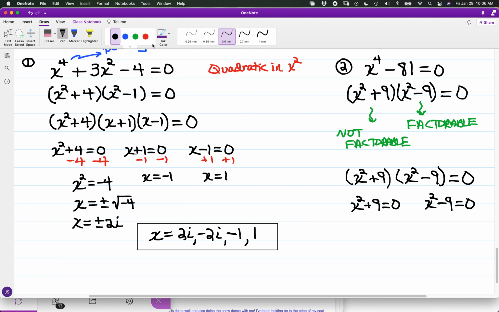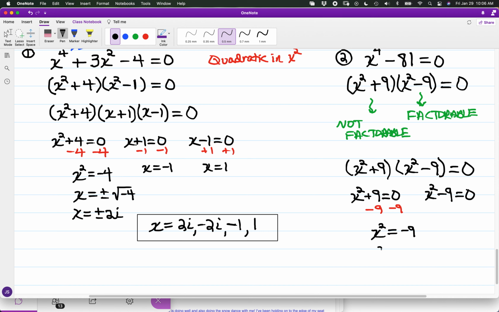So if I set x squared plus 9 equal to 0, and we take 9 away from both ends, we have x squared equal to negative 9, and if I go from x squared to x, I have x equal to plus or minus the square root of negative 9, which becomes plus or minus 3i.